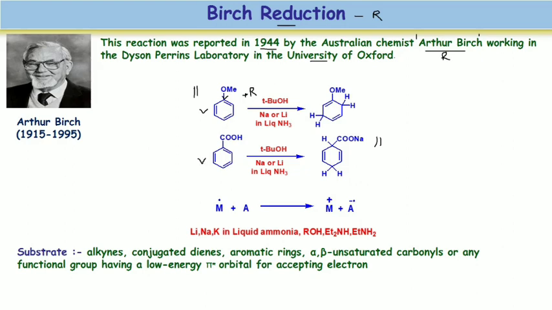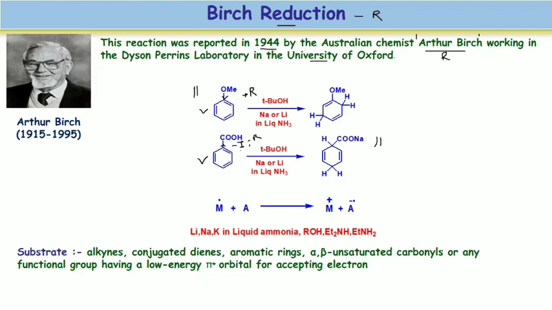Now for the second molecule, which is benzoic acid, the aromatic nucleus is electronically deficient because it is connected to an electron withdrawing group having minus I and minus R effect. So as the benzene ring is electronically deficient, it can accept an electron more easily compared to the anisole molecule.